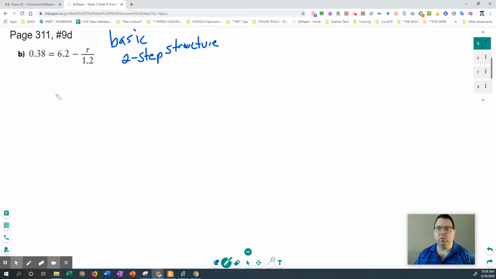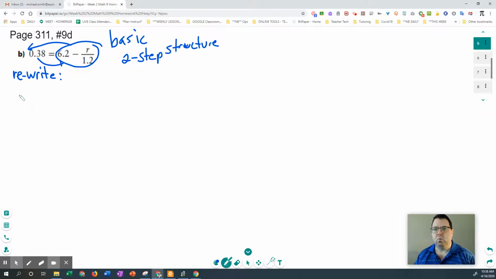And we've got 6.2. Now, I'm going to do a complete rewrite of this question just because I'm guessing that some of you might feel comfortable if it's in a more familiar structure. First of all, I'm going to have this switch places with this.